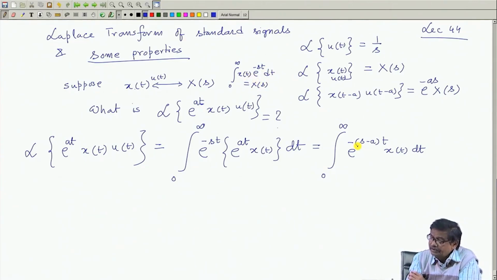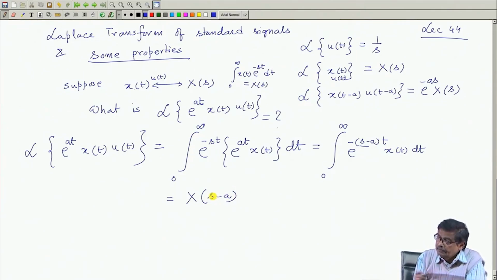Here, instead of s it is s minus a. So, this must be written as the same X(s), but with s replaced by s minus a. That is all, there ends the matter. If it were minus p t, I would have written X(p). I think you have got the point.